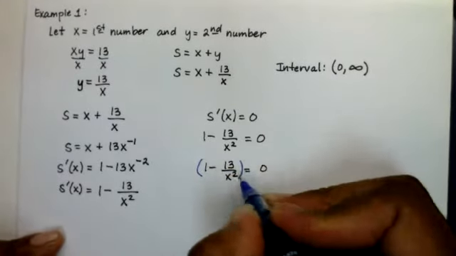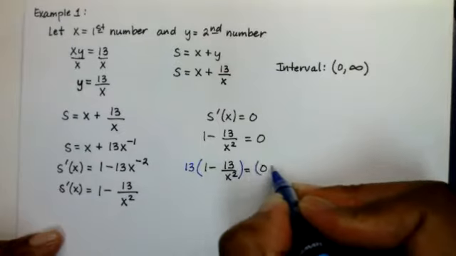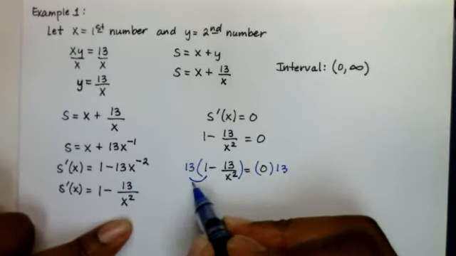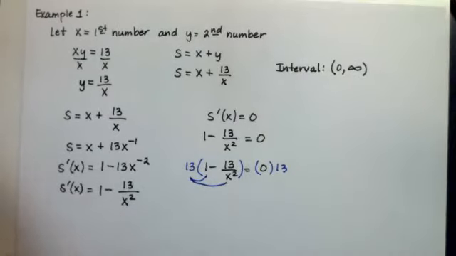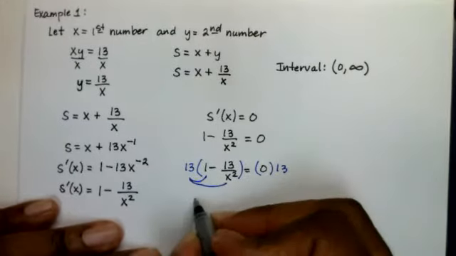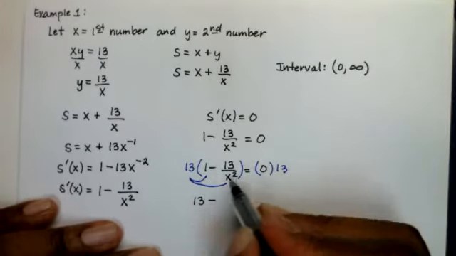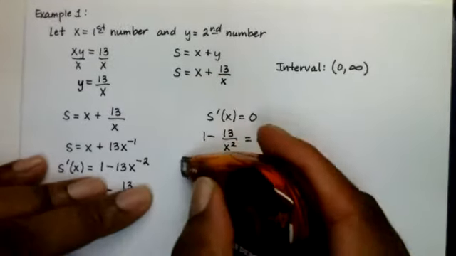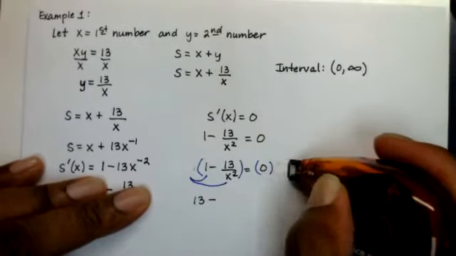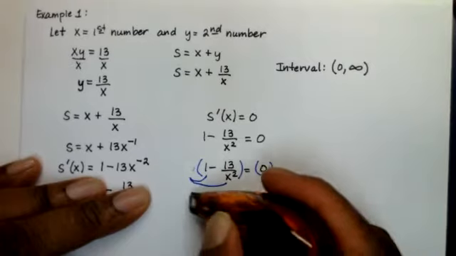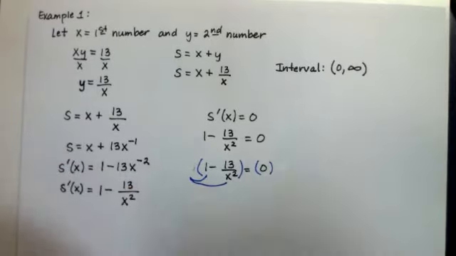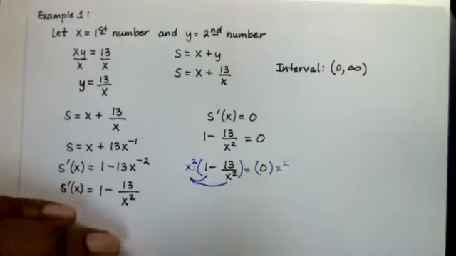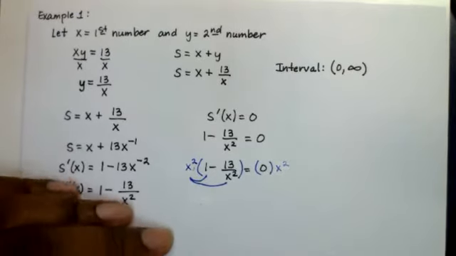I'm sorry, I'm trying to get rid of the X squared in the denominator, so I need to multiply both sides by X squared. As y'all can see, I'm having one of those senior moments here.